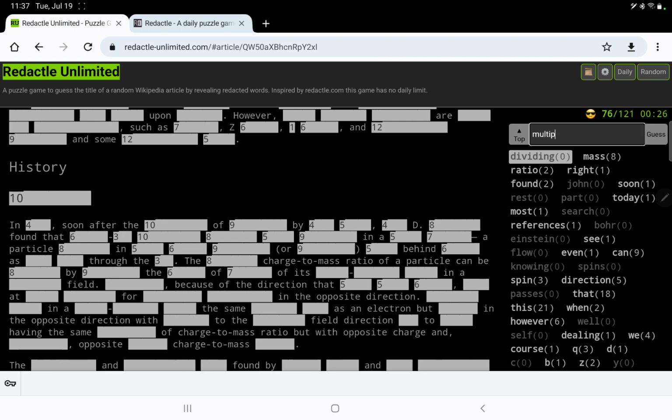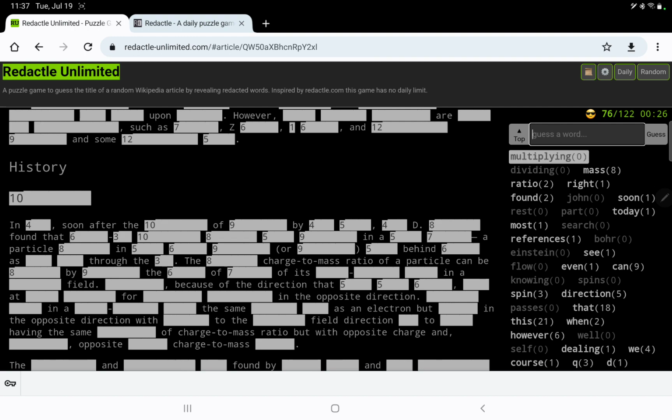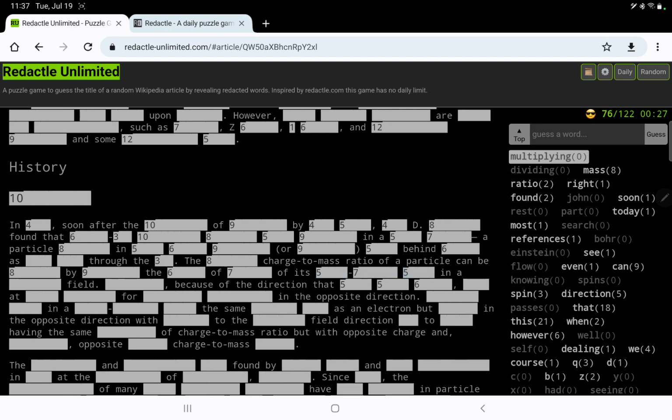No. Multiplying by something. The 6 of 7 of its 575. What is that 8-letter word?